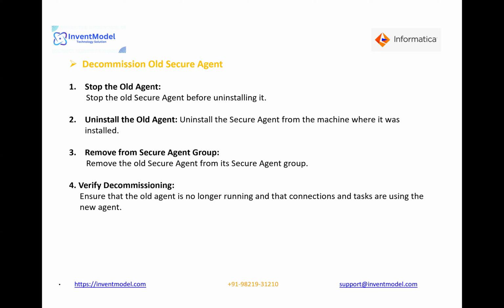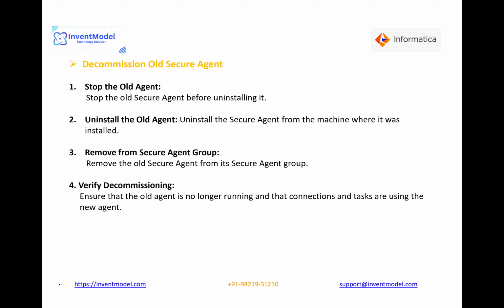And then the last and concluding step is verify decommissioning. We need to make sure that whatever secure agent we uninstalled is properly uninstalled and the references are removed properly. For that reason we need to do the verification of decommissioning.